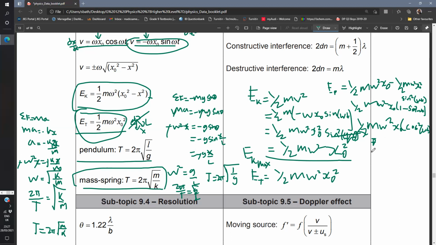Before this we have to just substitute one more thing. So v squared, we're just going to calculate v squared is equal to omega squared x naught squared sine squared omega t. So sorry, this is a long derivation process.